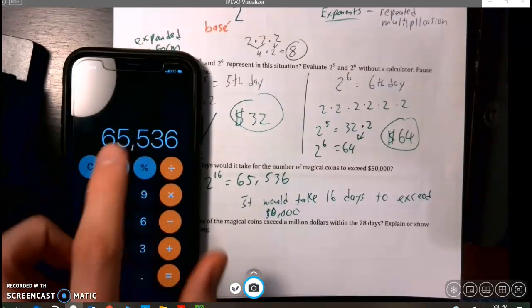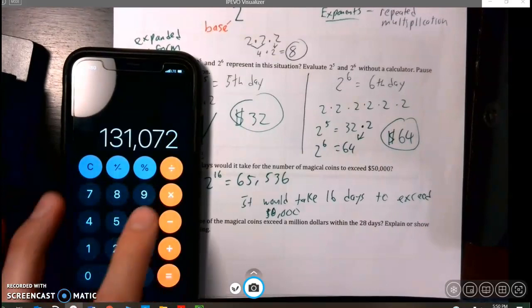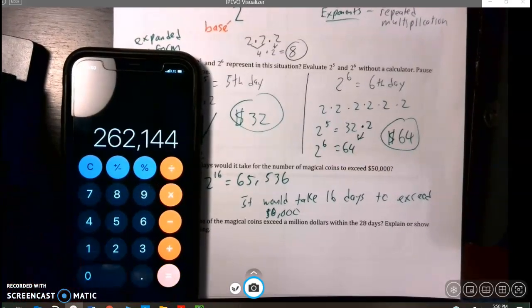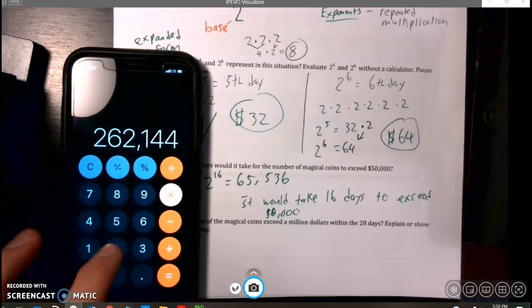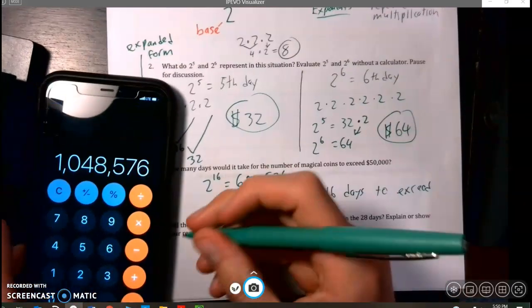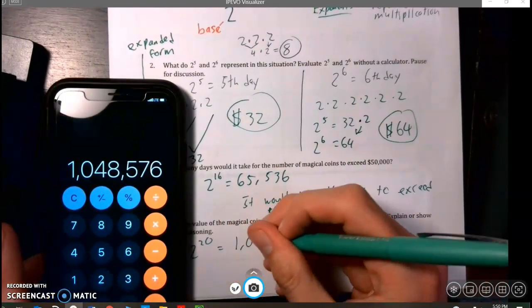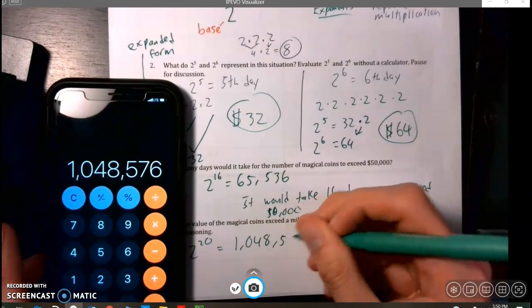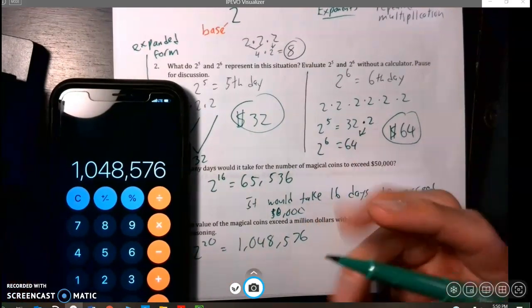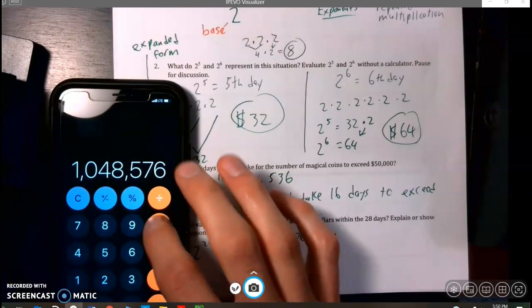So this is us at 16 days, times 2 more, 17 days, 18, 19, 20. So on the 20th day, we will already be at over $1 million. All right? And then we still would have 8 more days to go.